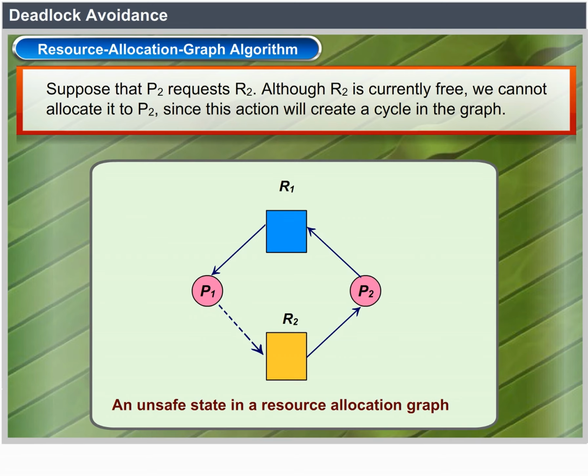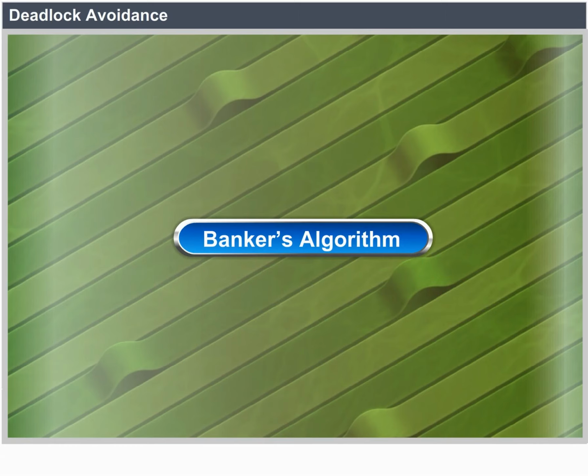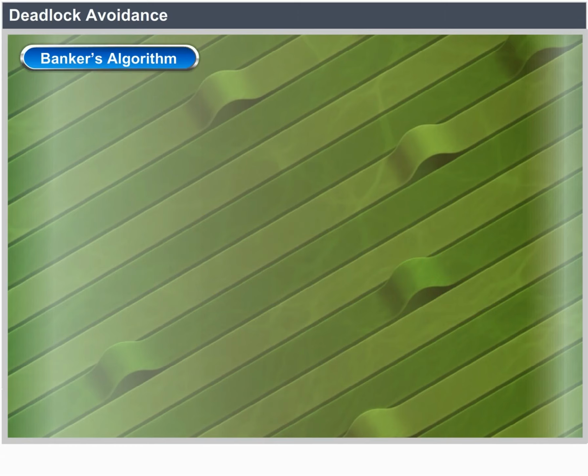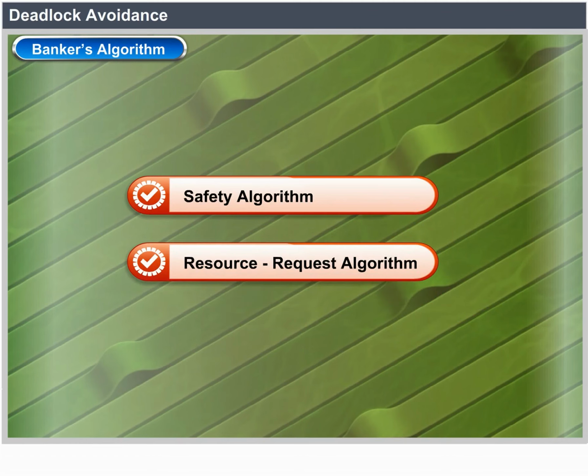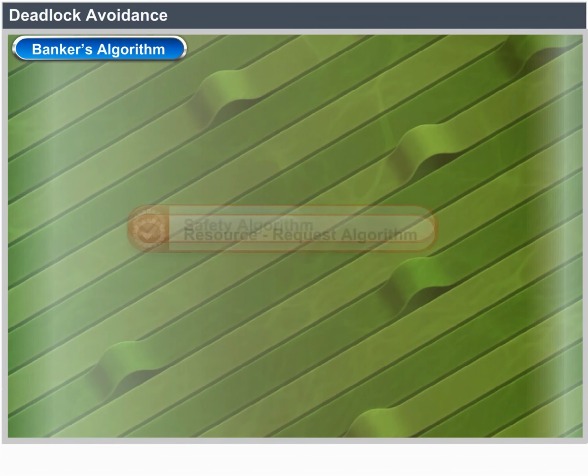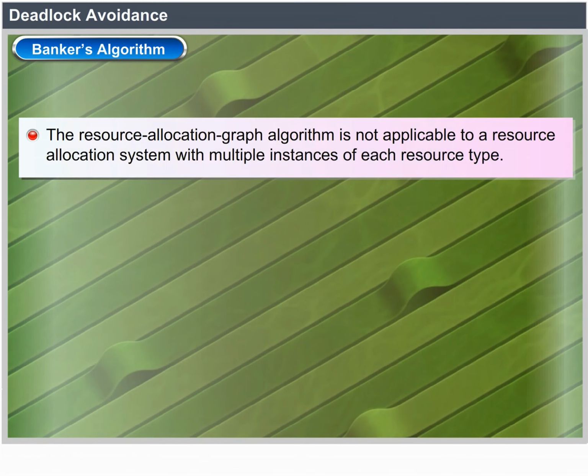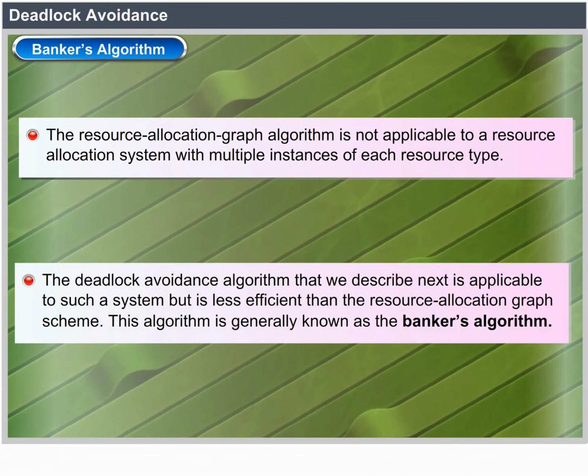Banker's algorithm. Safety algorithm. Resource request algorithm. Resource allocation graph algorithm is not applicable to a resource allocation system with multiple instances of each resource type. The deadlock avoidance algorithm that we describe next is applicable to such a system but is less efficient than the resource allocation graph scheme.